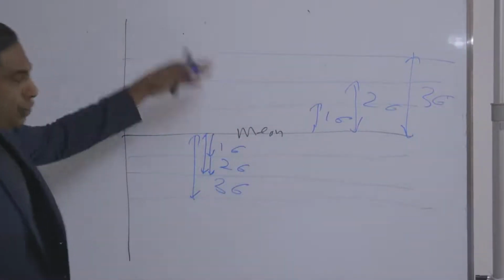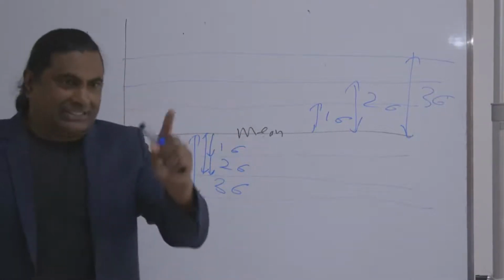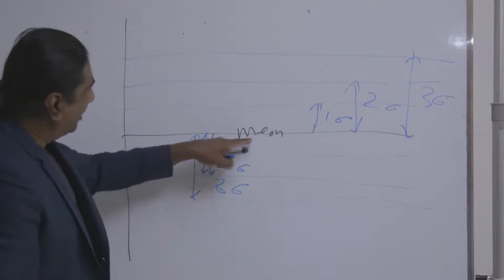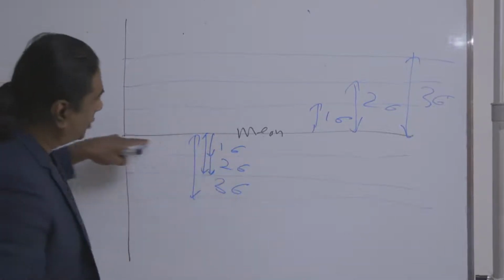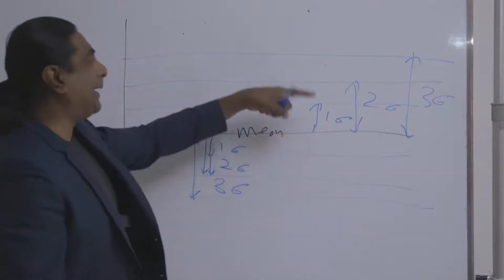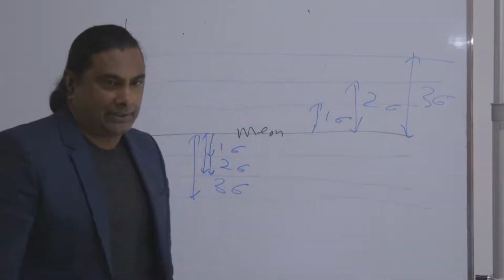Okay? That's what your control chart will look like. We calculated the mean. We calculated the standard deviation. We now draw the line. The mean minus 1 standard deviation, we draw a line. Minus 2, we draw a line. Minus 3. The mean plus 1, we draw a line. Plus 2, we draw a line. Plus 3, we draw a line.